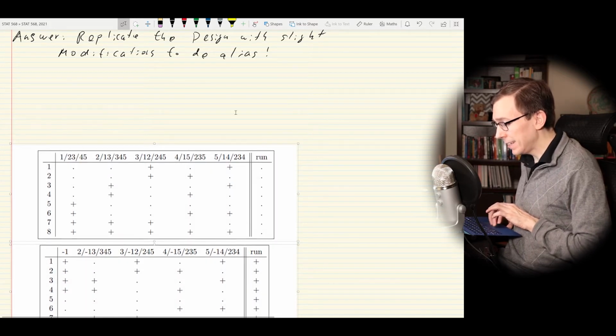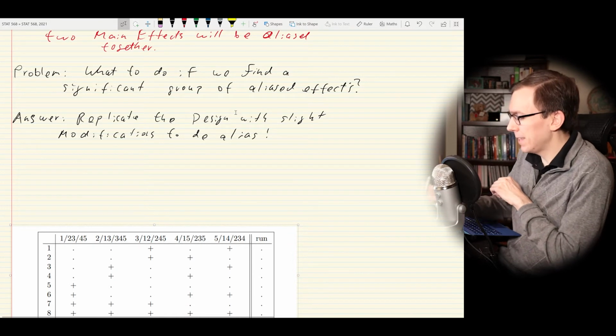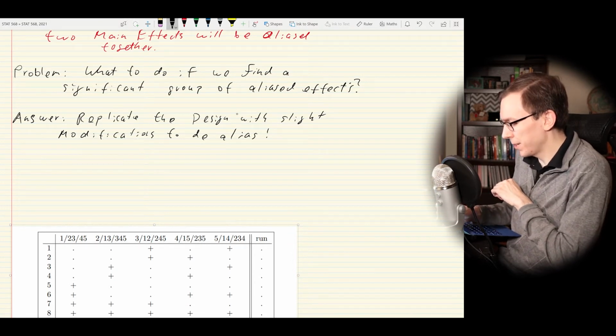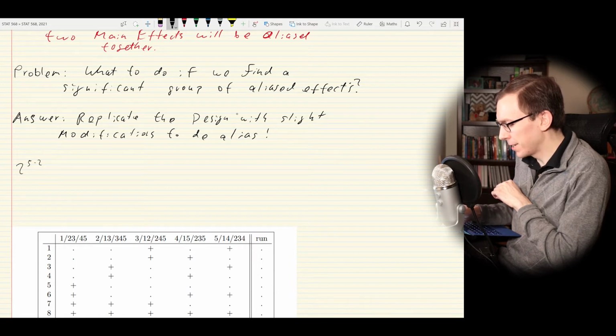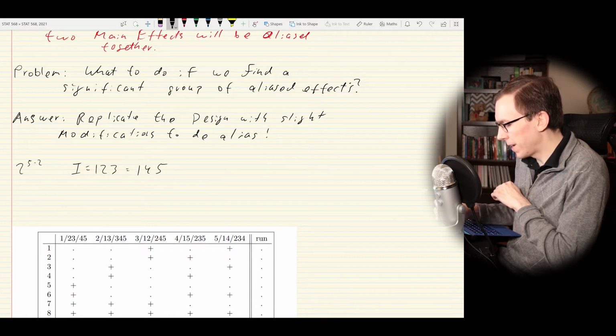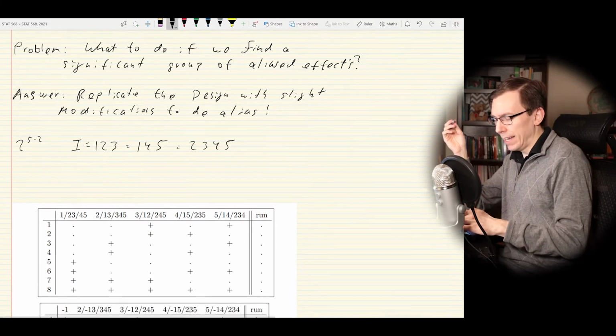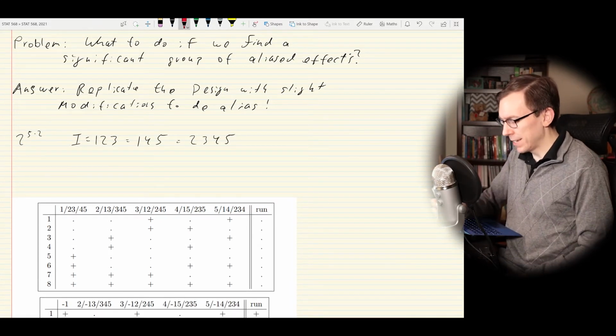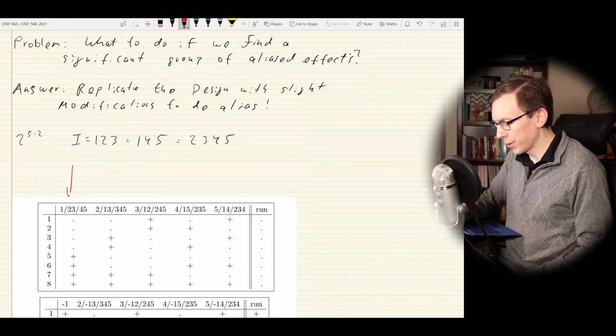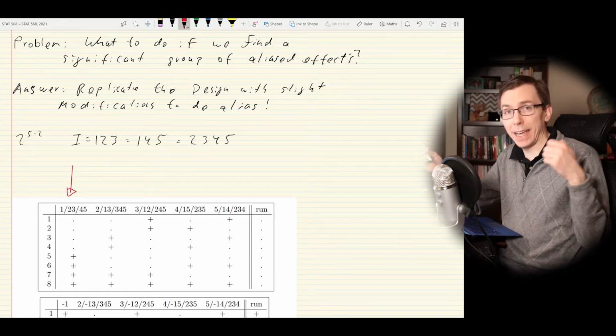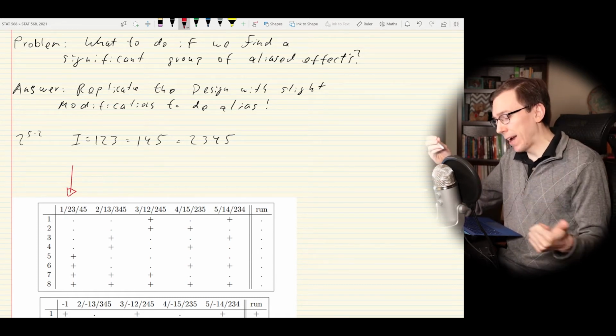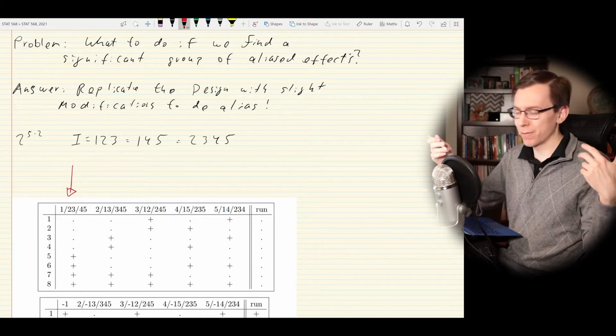So the example that we're doing is returning to the 2^(5-2) design with I = 123 = 145 = 2345. What we would find is that, let's say we found some significance in the first column here, corresponding to main effect 1, two-way interaction 23, and two-way interaction 45.